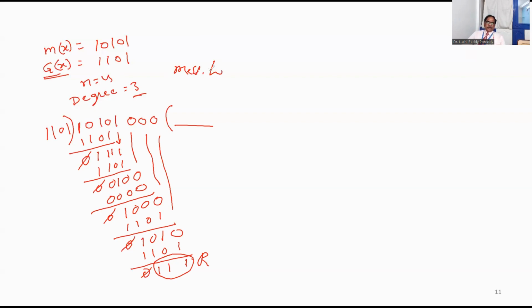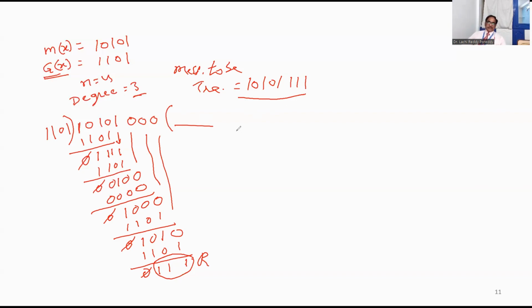The message to be transmitted is 1 0 1 0 1, and instead of the three zeros, we have to append the 3 remainder bits. So this is the information to be transmitted. Suppose this information is received as it is.